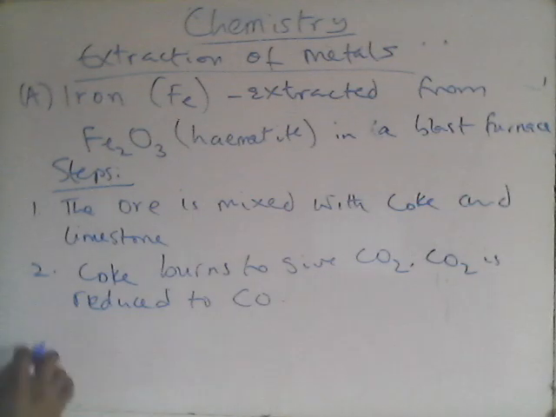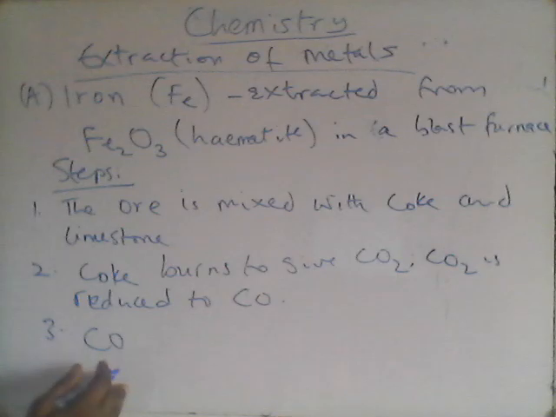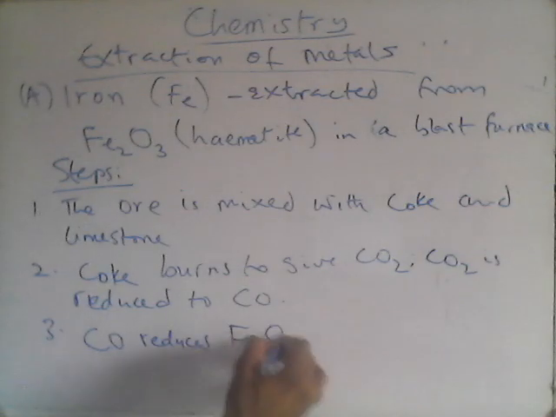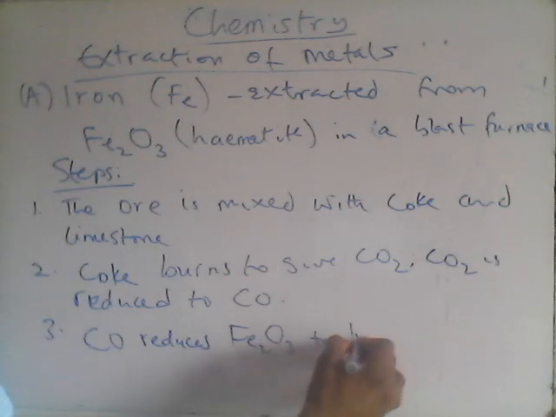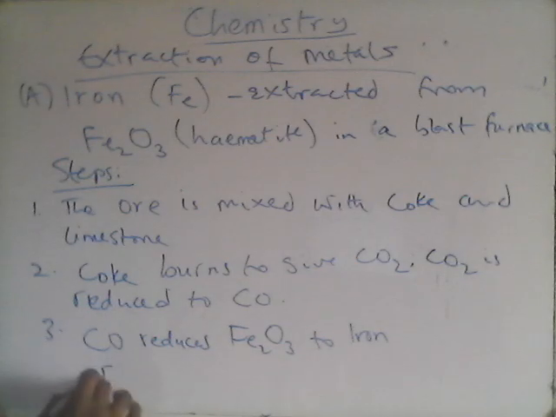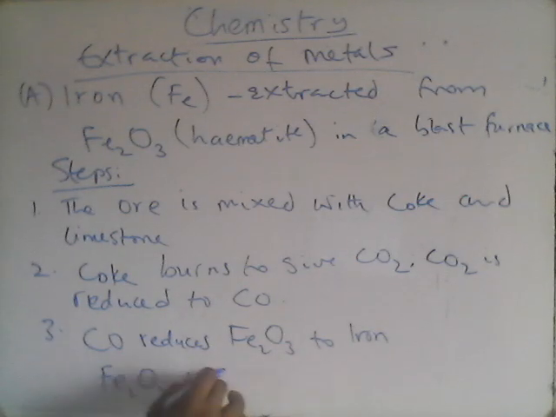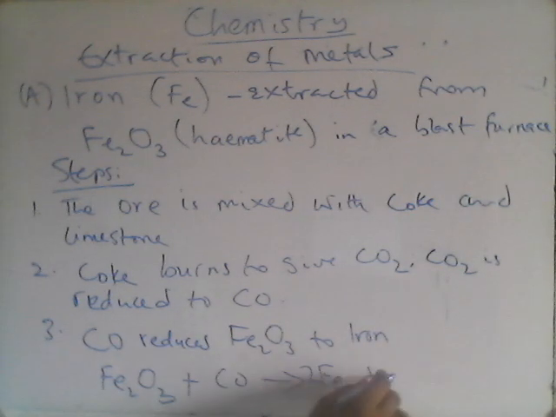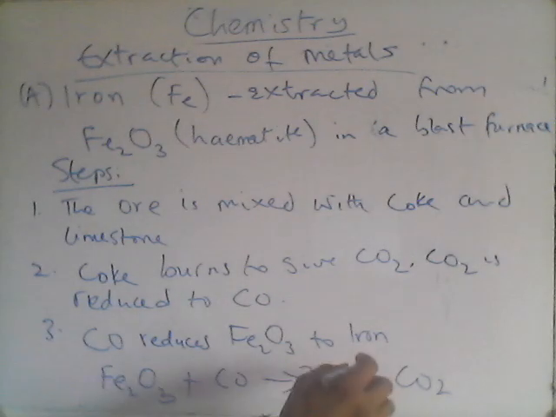Third step: carbon monoxide reduces the iron oxide to form iron and carbon dioxide again. So this is the presentation. You have this formula like this, plus carbon monoxide. I will now have iron coming out, 2 of it, and carbon dioxide, 3 of it.